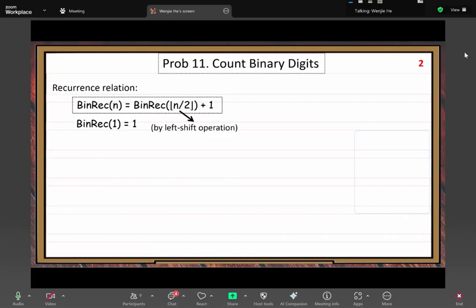You shift the binary point left or right. That's extremely fast, even faster than addition. We know addition is pretty fast.